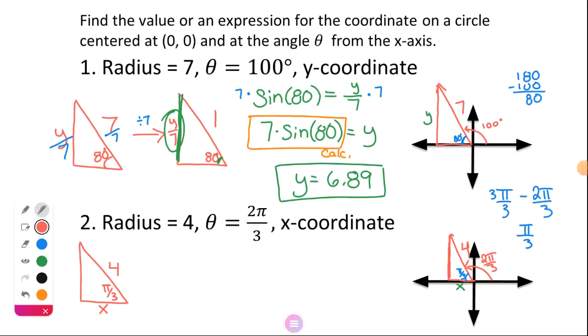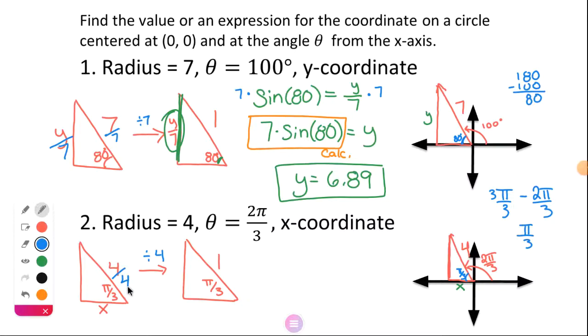Because we're looking for the x value, going back to evaluating, x is represented by our cosine value. So we're going to use the cosine, but before we can do that, we need to transfer this to a unit circle. So our goal is to have a hypotenuse of 1. To get from 4 to 1, we are going to divide everything by 4.